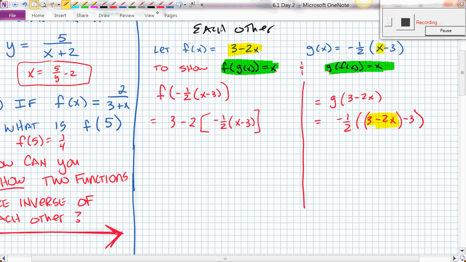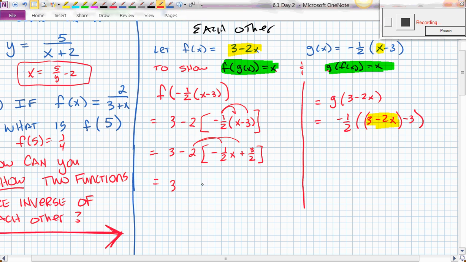So here's what we get. I'm going to work from the inside out. This is going to be 3 minus 2 times the parentheses, negative 1/2 x, and then plus 3/2. Is everyone okay with that first step? All I did was distribute my negative 1/2. Sound good? Now I'm going to distribute my negative 2.